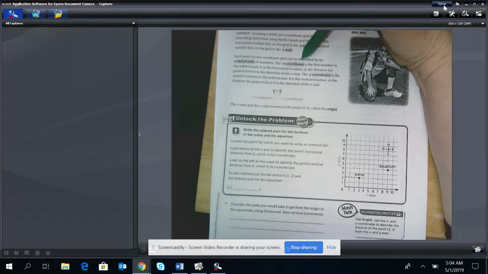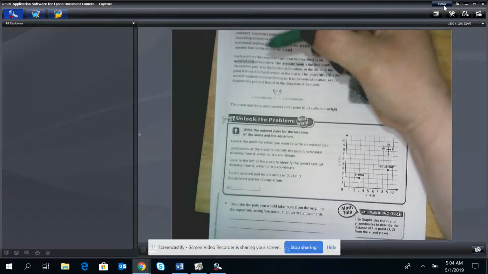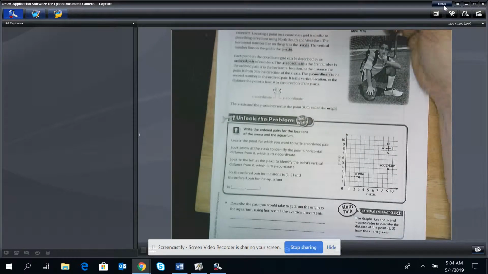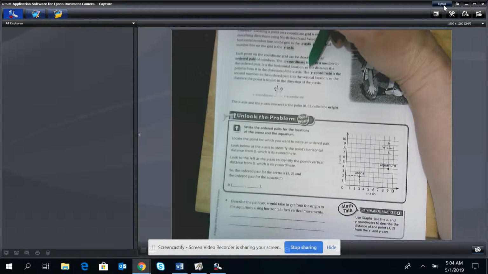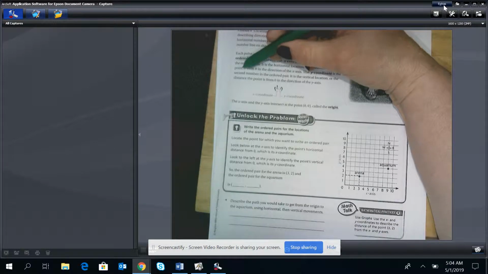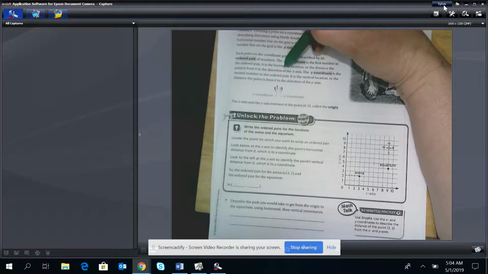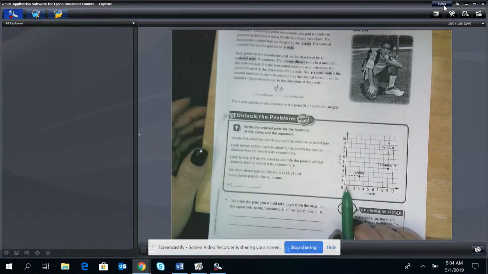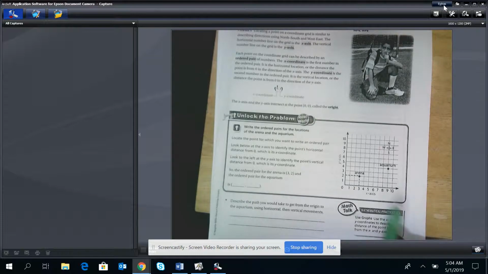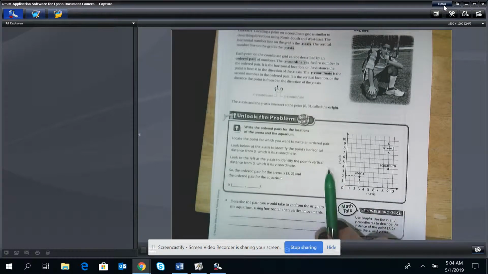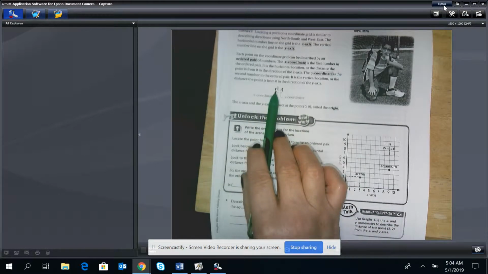The x-coordinate is the first number in the ordered pair. It is the horizontal location, or the distance from 0 in the direction of the x-axis. Remember this, always do x before y. X comes first, you write x first.